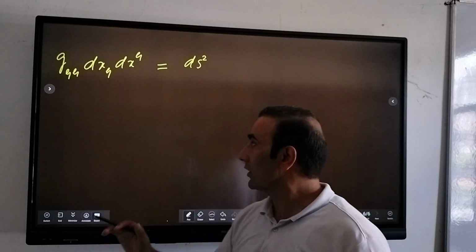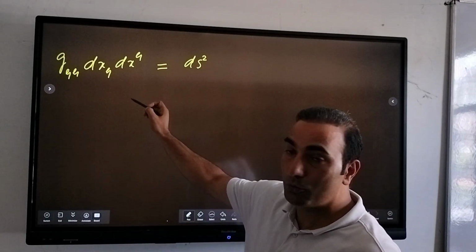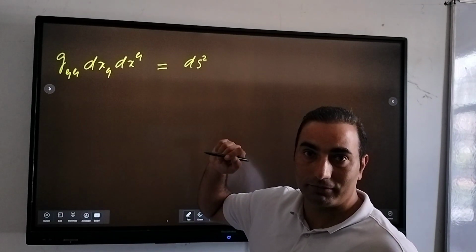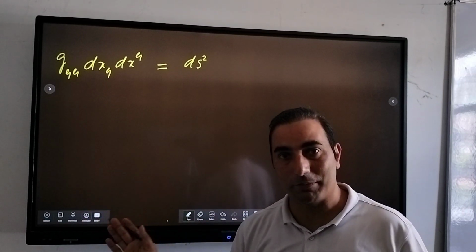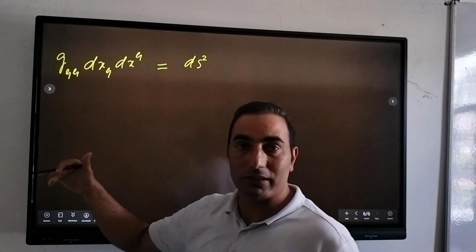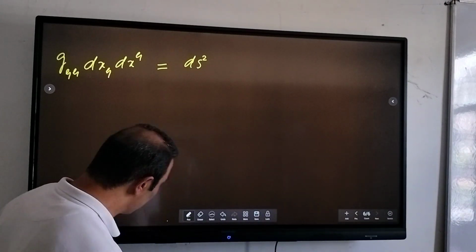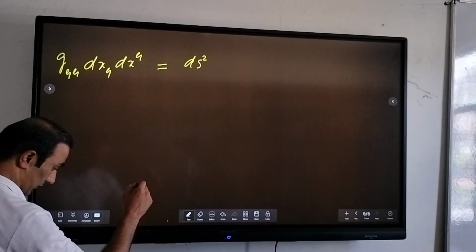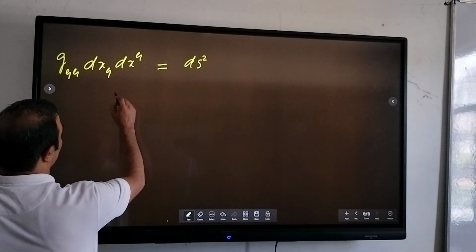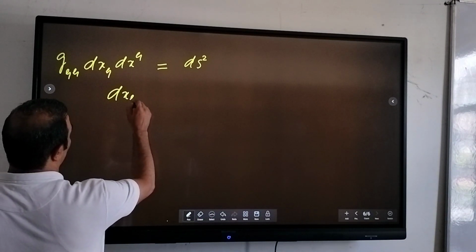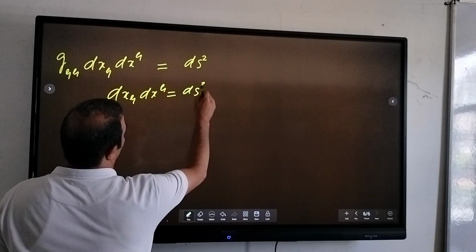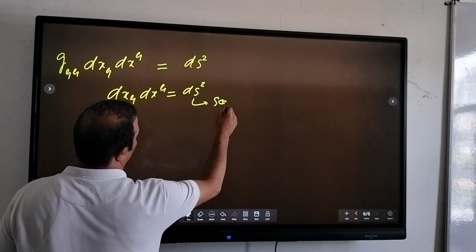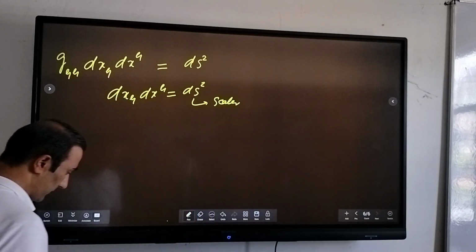So that means when mu equals nu, this will be equal to 1. So it can be positive ds square or it can be negative, but in general it will be some ds square, right? So that means dx mu dx mu is our length element, and this length element is a scalar. Okay.